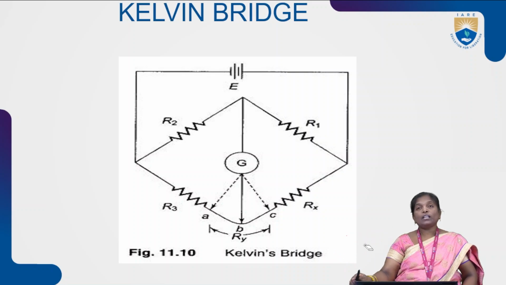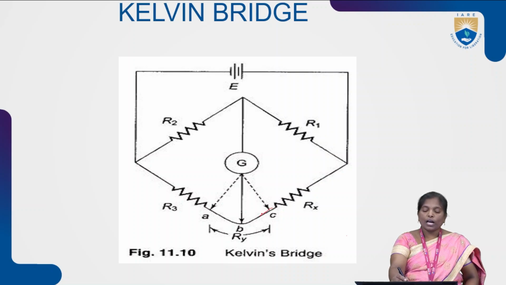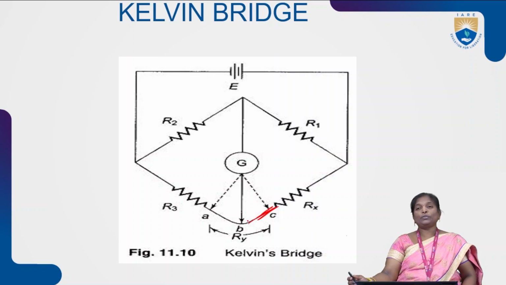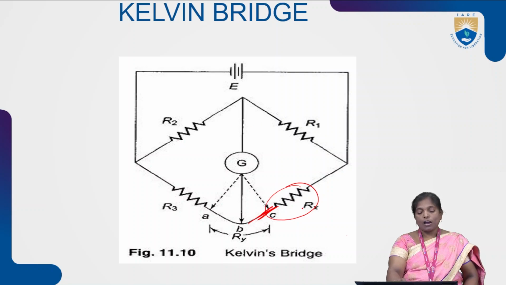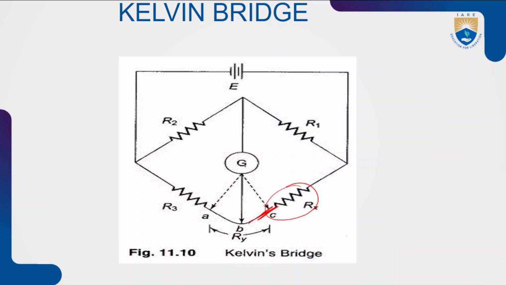Why it is difficult with the Wheatstone bridge: if the resistance value is very low, then the leads which are connected to the unknown resistance may cause problems due to the low resistance. In the Kelvin bridge, the bridge consists of 4 arms: R1, R2, R3 and Rx. This Rx is called the unknown resistance. To measure it, we connect the lead of the unknown resistance to another terminal which is connected to the galvanometer.